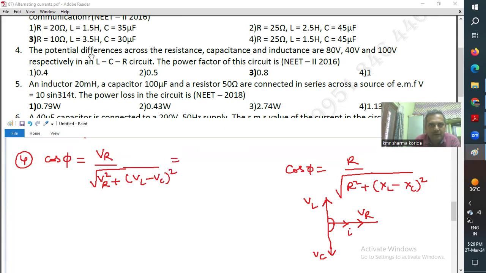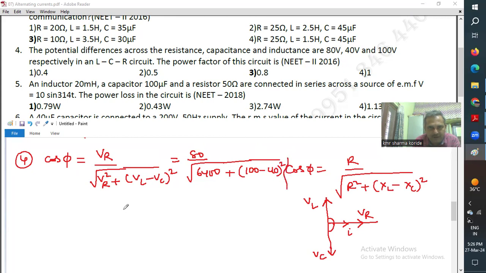Just simplify this. Potential across resistance is 80. This is 80 square. So 80 square means 6400, plus VL is 100 minus VC, VC is 40, whole square.